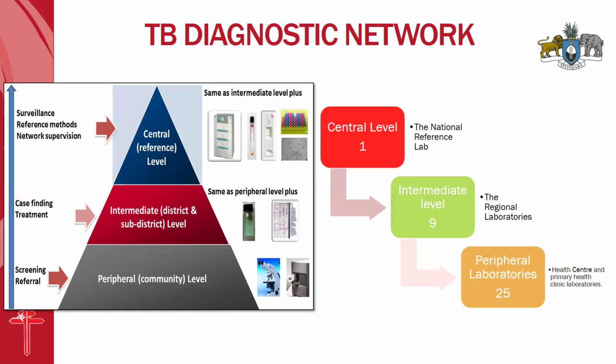We also have the central, with the inclusion of the culture, which is the NTRL. So there should be a relationship between all these levels in order to ensure that the cases are being detected for TB. The moment we miss any of these levels, we miss a lot of cases. So all the cases should be reported.